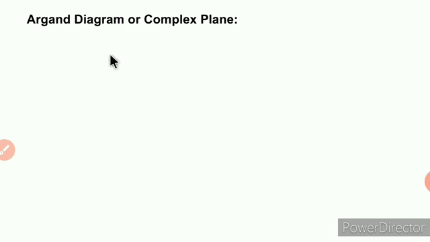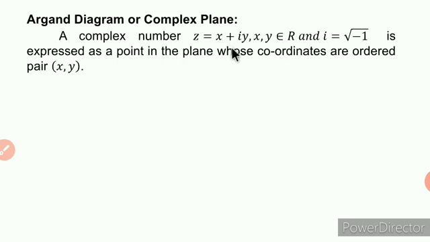So first we see a complex number z is equal to x plus iy. A complex number z is equal to x plus iy where x and y are real numbers and i is equal to square root of minus 1 is expressed as the point in the plane whose coordinates are ordered pair xy.